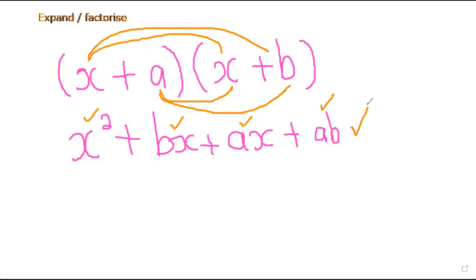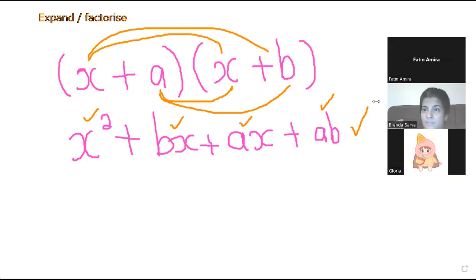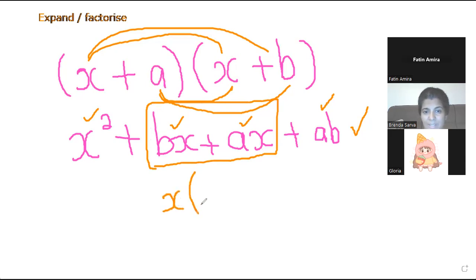If you have got to this, good. Do you understand this step, girls? Can I have a thumbs up? Okay, very good. Now I want you to look very carefully at the center part: bx plus ax. I can take out my x from here and put something plus something, which is just b plus a.